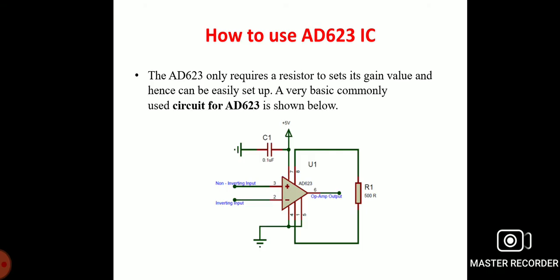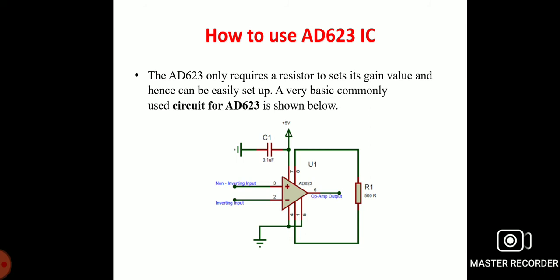This reference pin is normally grounded along with pin number 4. The reference pin is used to direct the output towards a voltage when the difference voltage between the inverting and the non-inverting pin is zero.